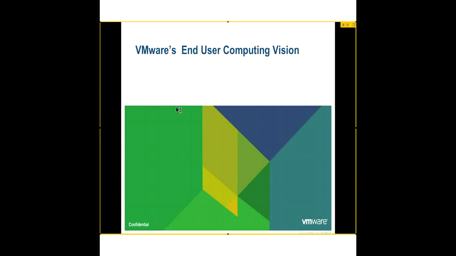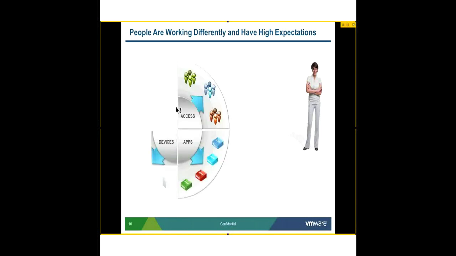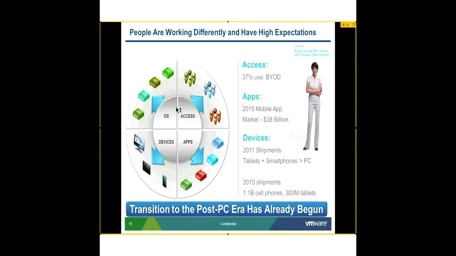We're going to also talk about VMware end-user computing. Now, VMware end-user computing builds on top of vSphere. So like a lot of our other things that we do, the cloud, the site recovery manager, and so forth, this builds on top of vSphere. Okay? And you're probably all well aware of this, but end-user computing has been changing over the last few years. If you were in Kim's presentation earlier, we talked about BYOD, bring your own device.